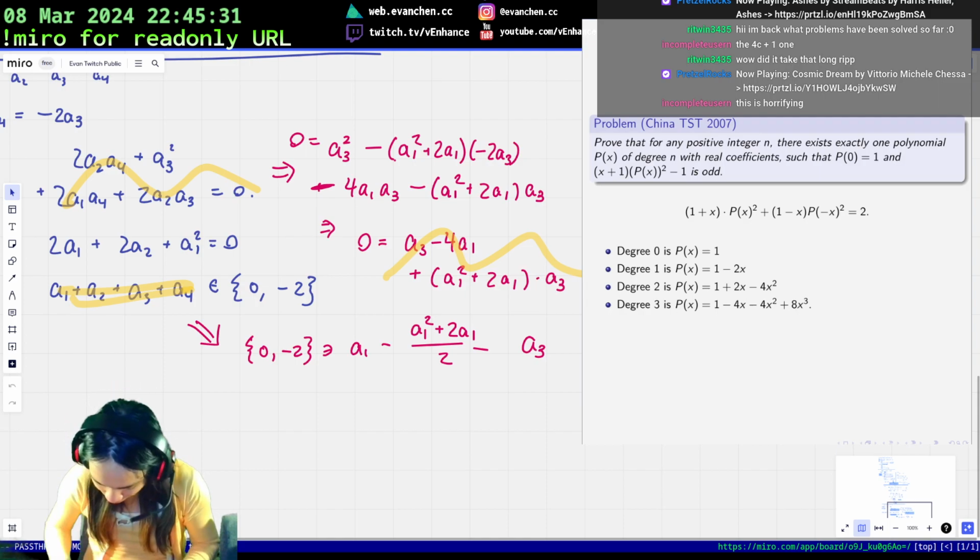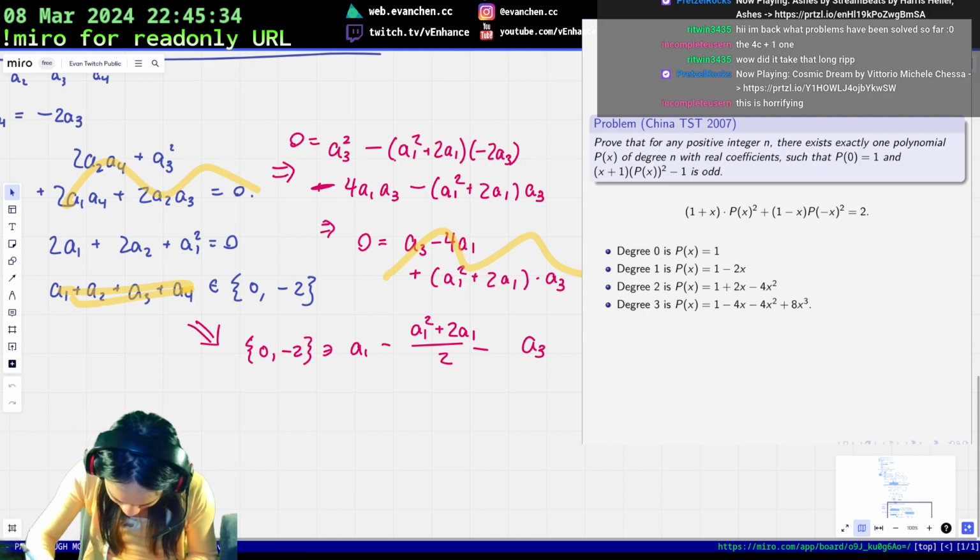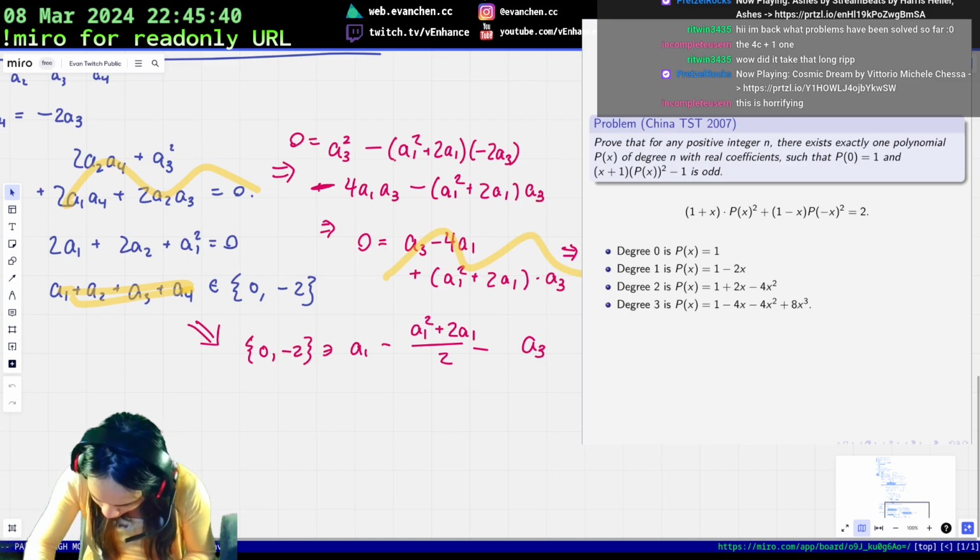Well, okay. So far, all the coefficients have been integers, so I think that's probably a pretty safe assumption if we're trying to save effort by just guessing the answers. In which case, a3 is equal to 4a1 times a1 plus 1 all over 2 squared.